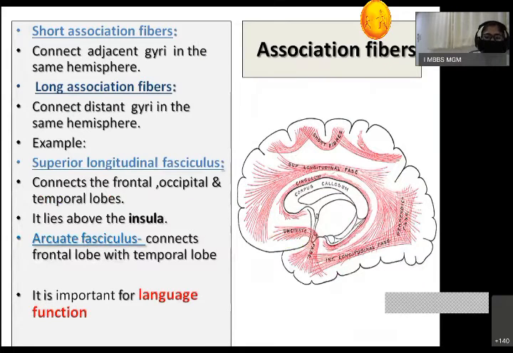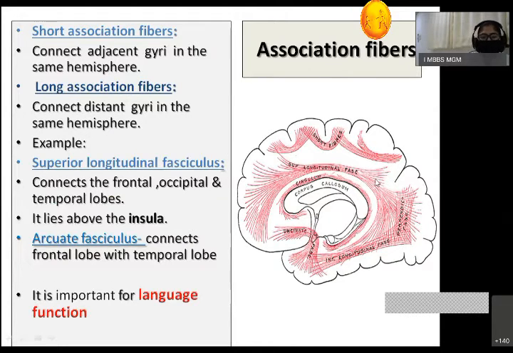Short association fibers connect the adjacent gyri in the same hemisphere, and long association fibers connect the distant gyri in the same hemisphere. An example of a long association fiber is the superior longitudinal fasciculus.